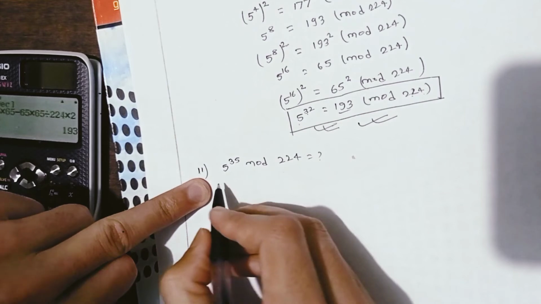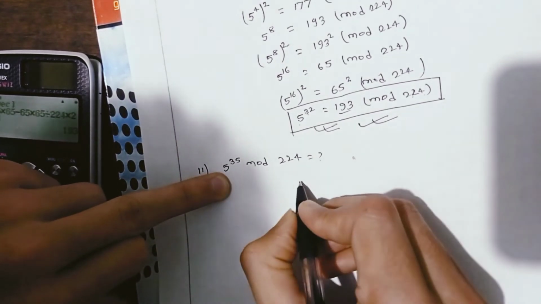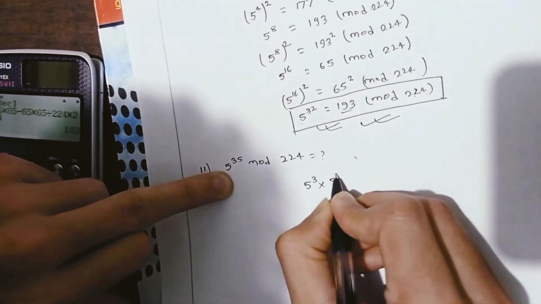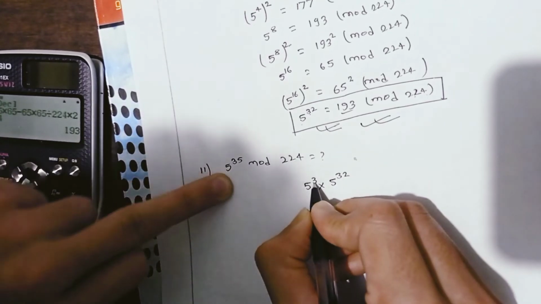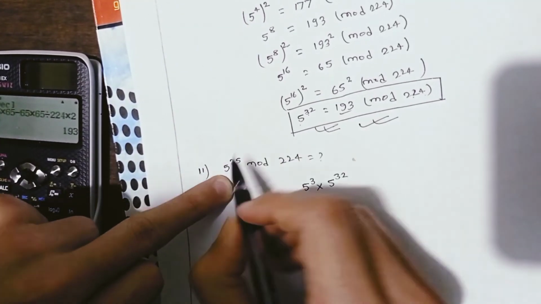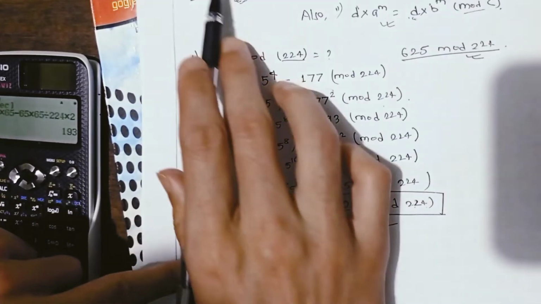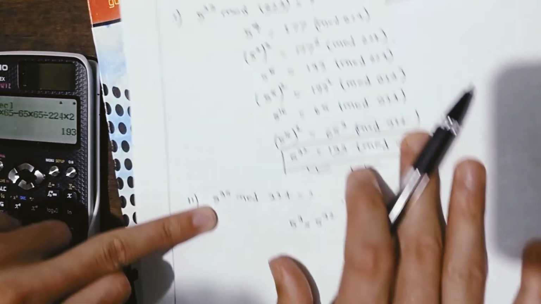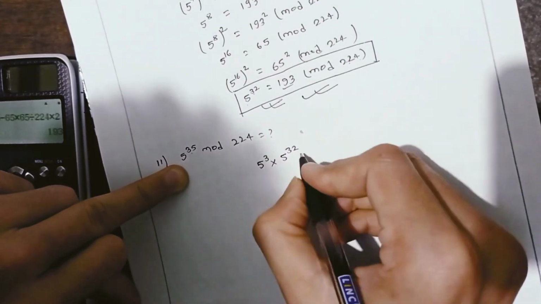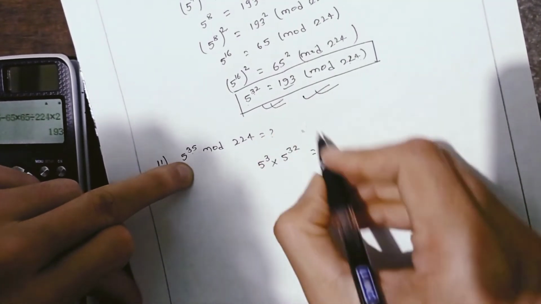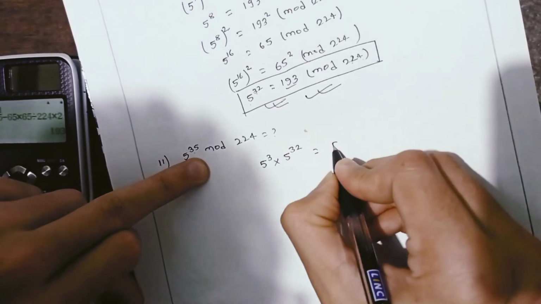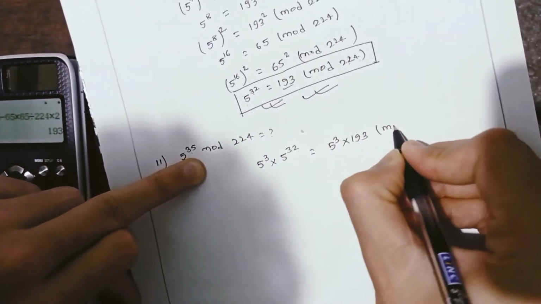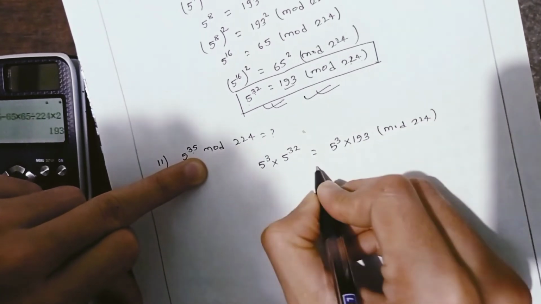as already mentioned. And here I will multiply 5 to the power 3 into 5 to the power 32. 32 plus 3 will be 35, as I have already told that a to the power m into a to the power n equals a to the power m plus n. So 5 to the power 3 into the remainder 193, means 5 to the power 3 into 193 mod 224.